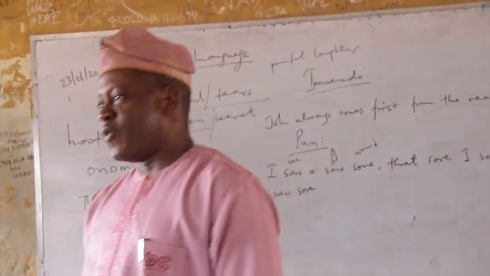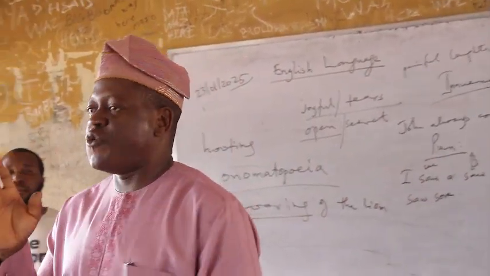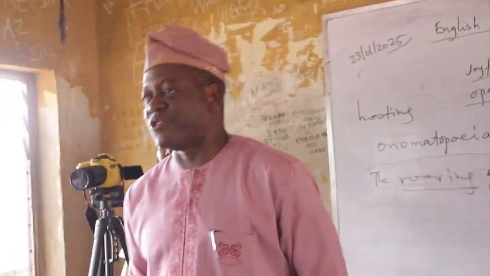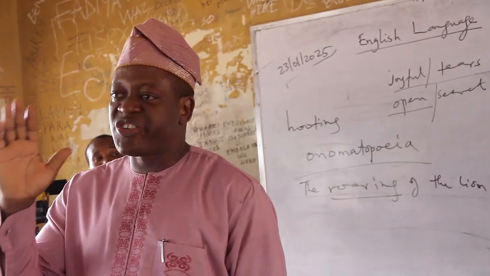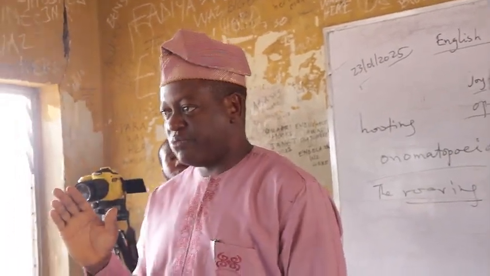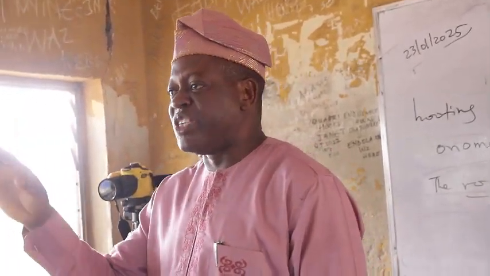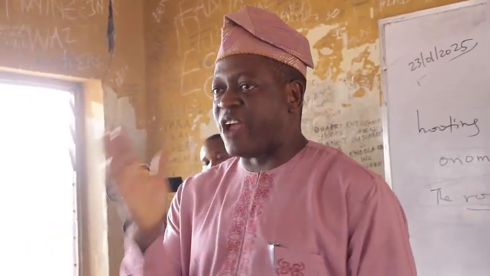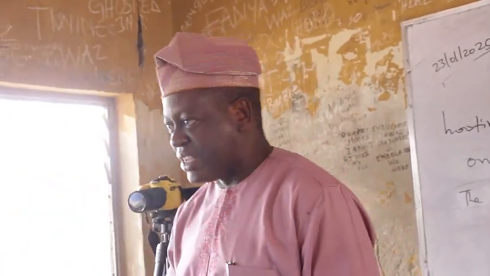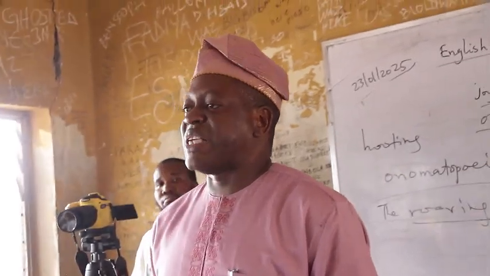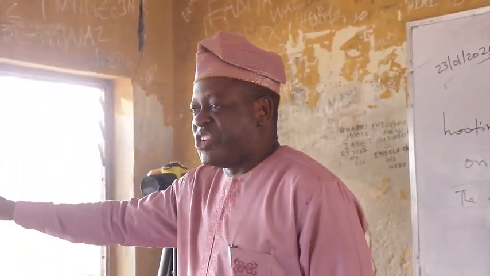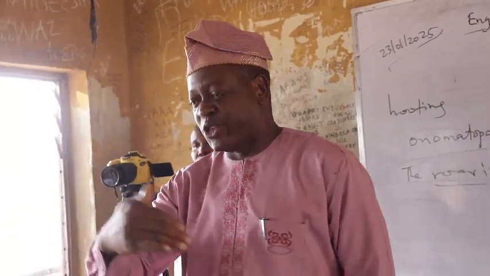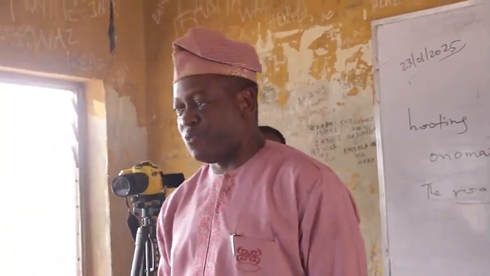So, if you are answering comprehension questions, be very straight to the point. You don't need to beat about the bush. Like question, like answer. By the time you allow extraneous materials to jeopardize the original answer, the examiner will award 0.